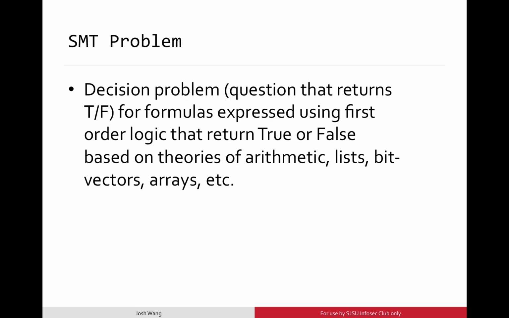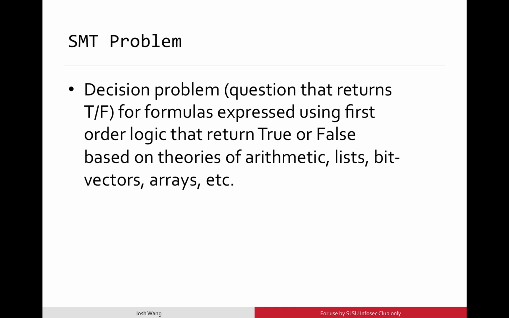Knowing what we know now about first-order logic, let's revisit the definition of what an SMT problem is. This is my really crude definition, but hopefully it's easier to understand than Wikipedia's.